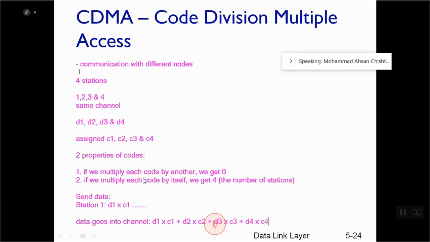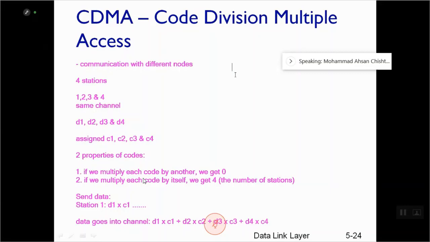Now, when this data goes into the channel, the data here is broadcast. When the data is broadcast, it means each station would receive this data. When any station receives the data from the other three, what does it do? Now we are talking about the receiving side.